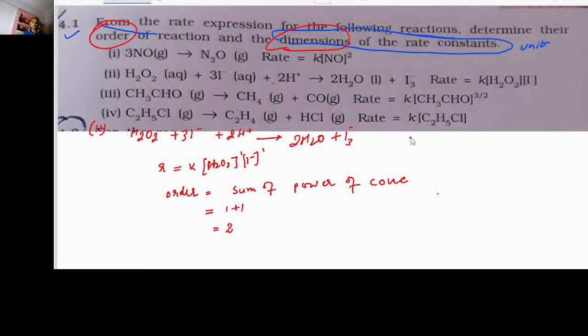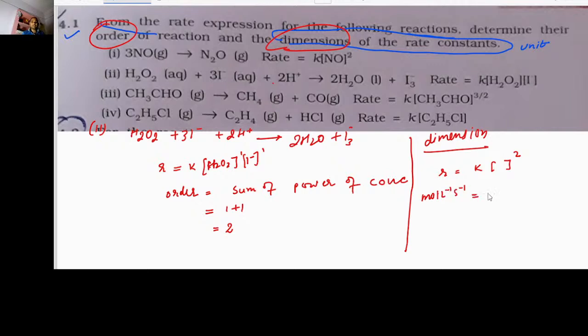Now the next point is what? Dimension. Just now I told you, student, what will be the dimension of second order. But again, if you derive it, student, R is equal to K, and concentration will be squared, right? So rate is what, student? Mole liter inverse second inverse. This is the rate.